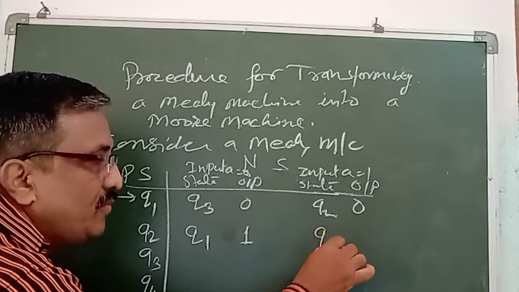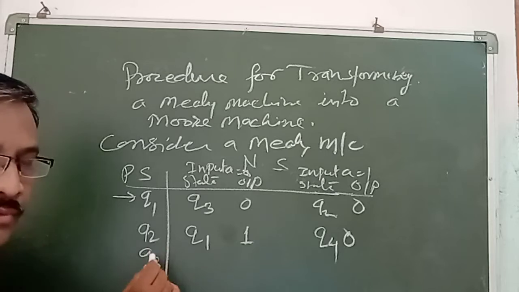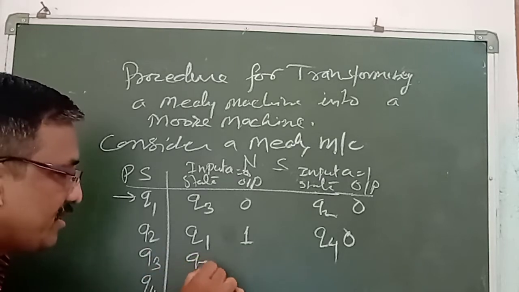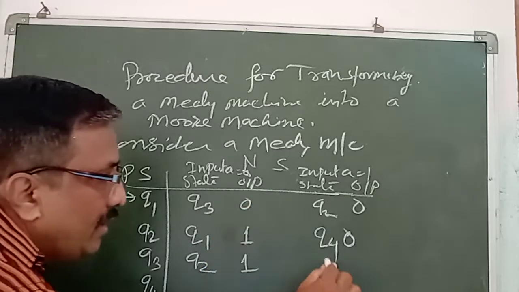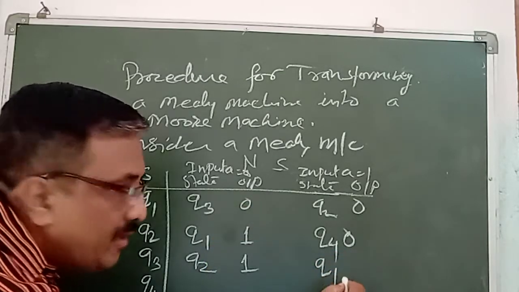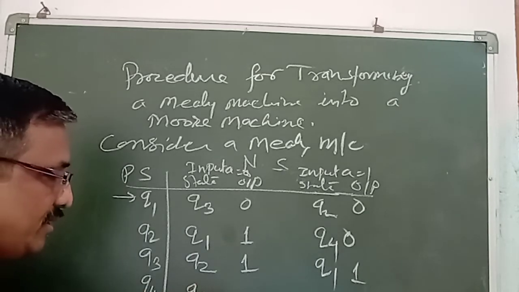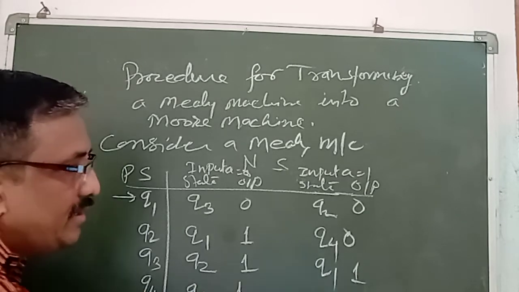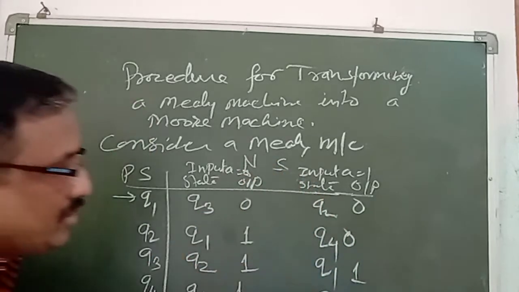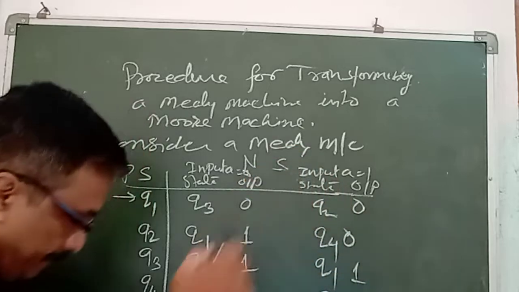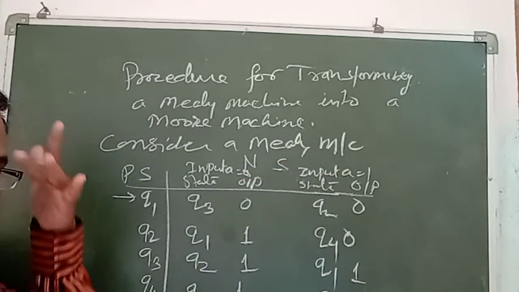Next state is Q4 and output is 0. From Q3, next state is Q2, output is 1. And next state is Q1 and output is 1. From Q4, next state is Q4, output is 1. Next state is Q3 and output is 0.